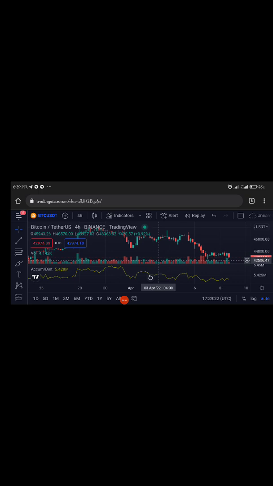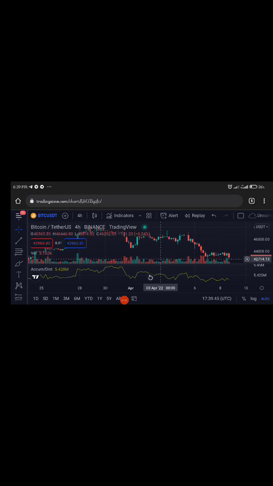The next thing, it might have to reach the next support before the market recovers, which you won't like to see. So it's better to just put your stop loss just below this support line, so that even if the market should dump, it's better to sacrifice such a small amount of money than being caught up in the market.